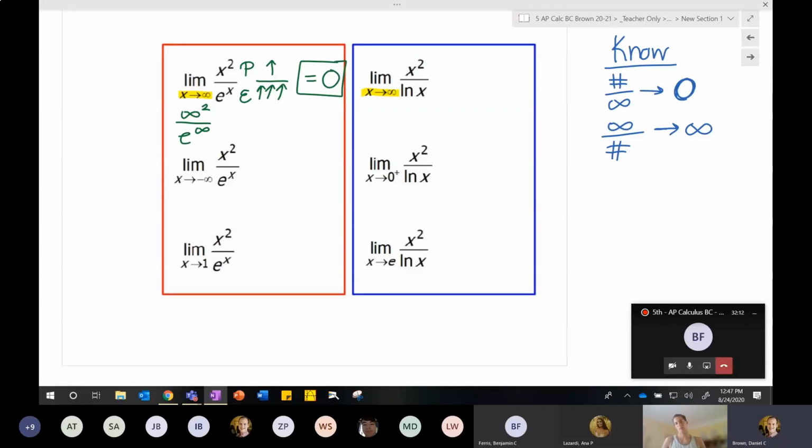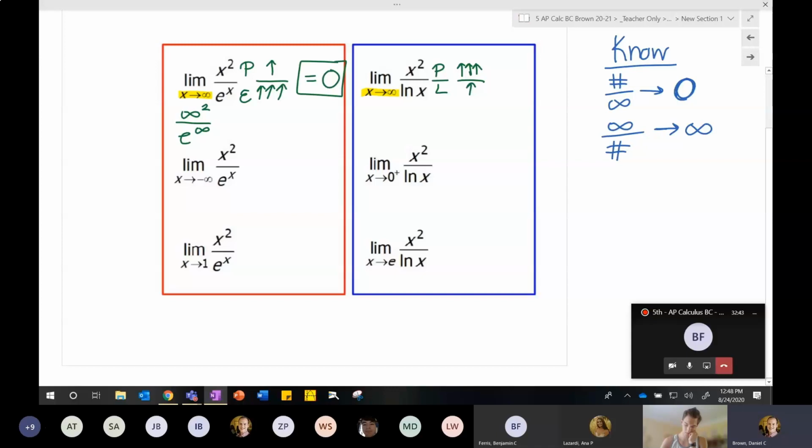So I have the limit as x goes to infinity of x squared over the natural log of x. Well, if you plug in infinity, it's going to be infinity over infinity. So we need to figure out which one's the bigger one. I have a polynomial over a log. Which one is going to be the larger infinity? Which one is growing fastest, the numerator or the denominator? Numerator this time. So this time I have the big infinity at top, smaller one on the bottom.